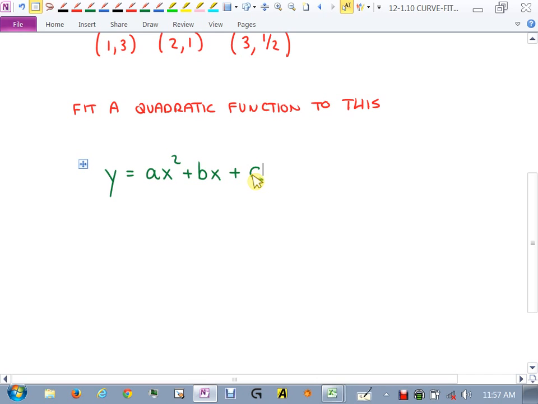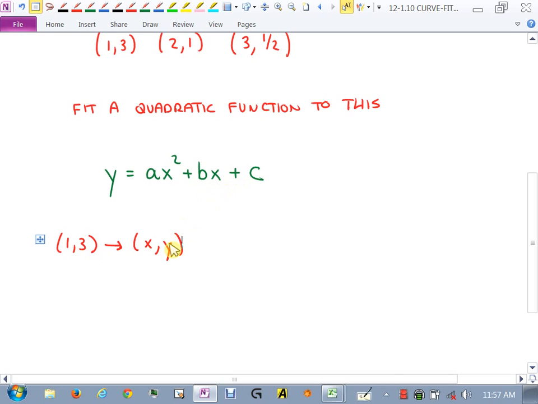In order to figure out three unknowns, I'm going to need three equations. If I have three equations and three unknowns, I should be able to solve it. System of equations. So let's use the first point. What does the fact that we have the point (1, 3) mean? When we plug in x is 1, the y should be 3. So take this equation that we know our parabola looks like, we just don't know what a, b, and c are.